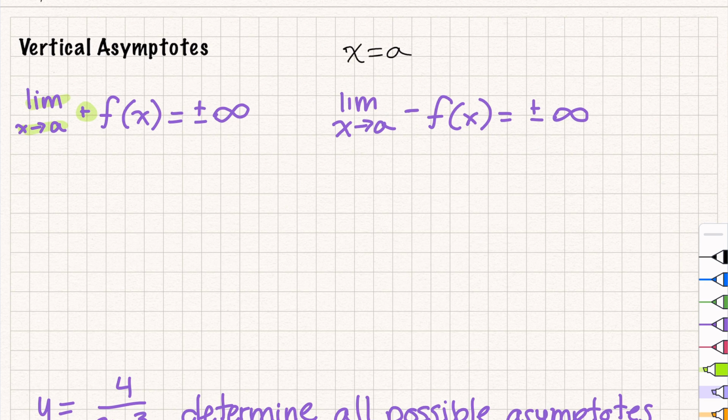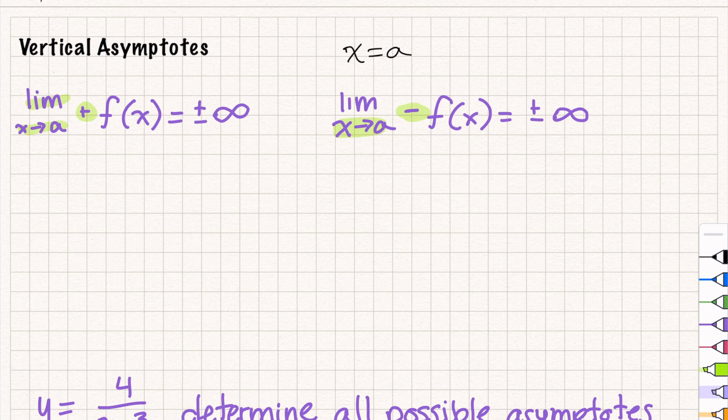So what's going to happen is either our function is going to approach infinity or it's going to approach negative infinity. And then as we approach our asymptote from the left side, which is used for the negative symbol, once again, we're going to look at what happens to our function as we approach it from the left side and the right side.